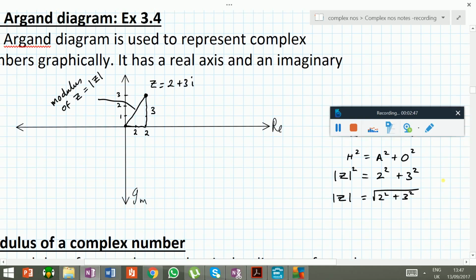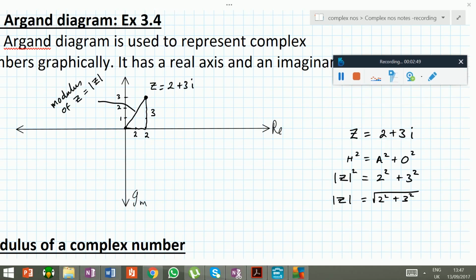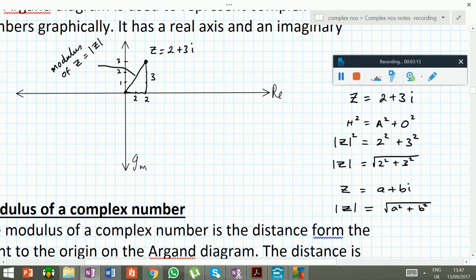Now, if we were to make that a bit more general, what we would say is if z, the complex number, is equal to a plus bi, then its modulus can be found by squaring the real part and squaring the imaginary part, adding them and taking the square root.